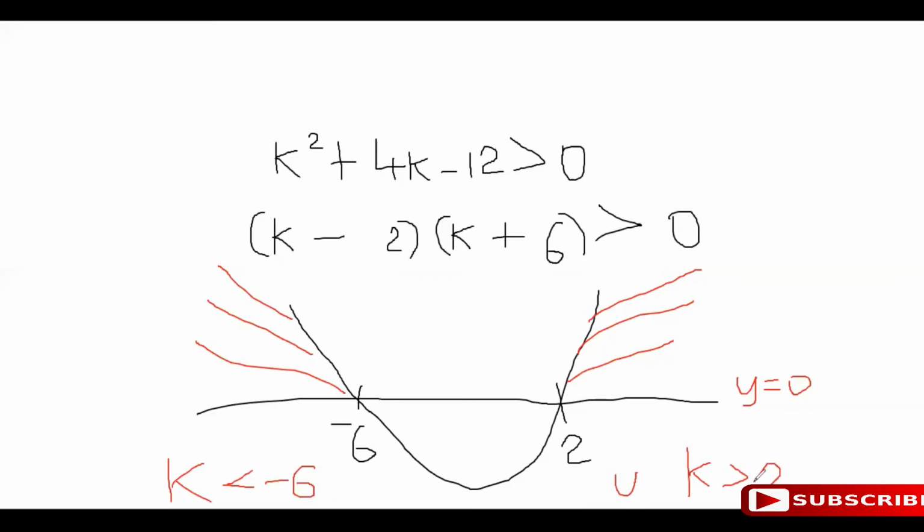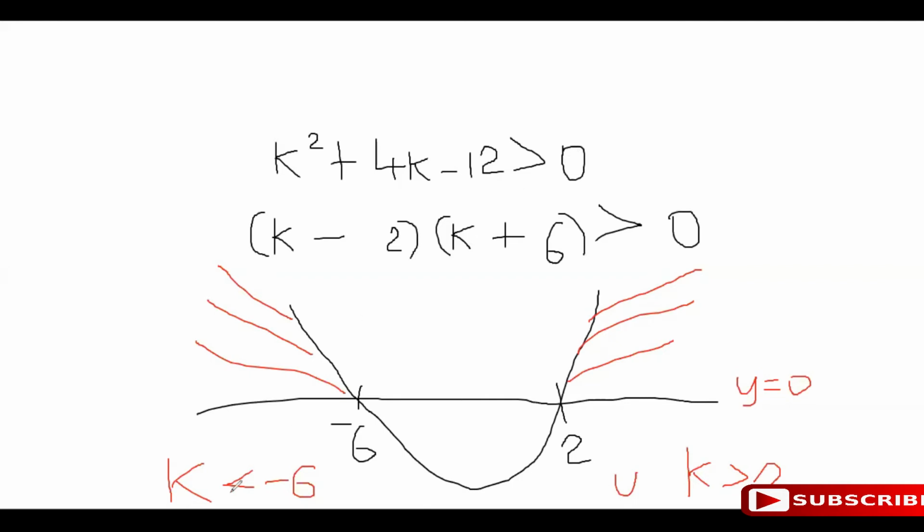So let me just give you a number example. For example, try the number k equal 3. When k is 3, you're going to get 3 squared, which is 9, plus 4 times 3, which is 12, minus 12. So 9 plus 12 minus 12 is 9. 9 is greater than 0.